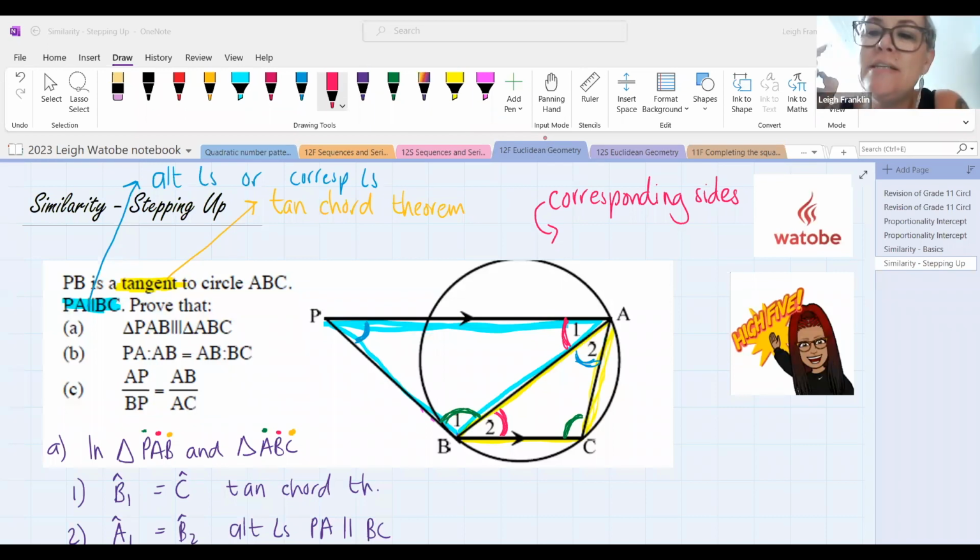Are corresponding sides in the same triangles? There's a nice question. I'm actually going to put it into the chat. Are corresponding sides in the same triangle?